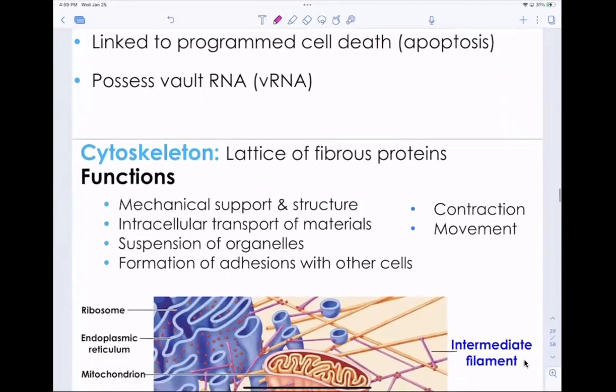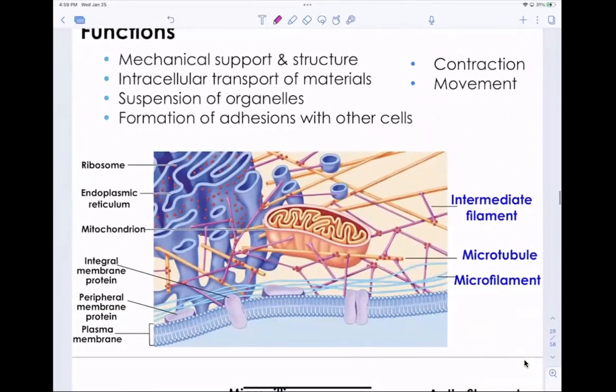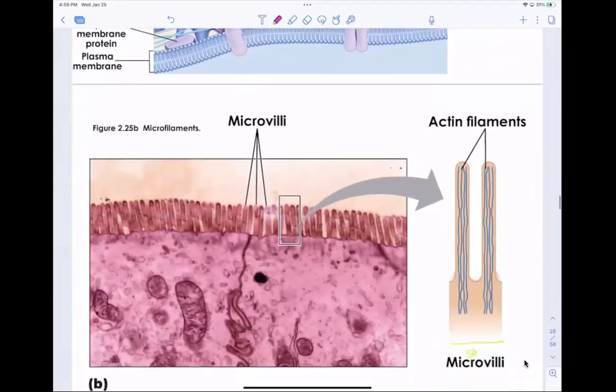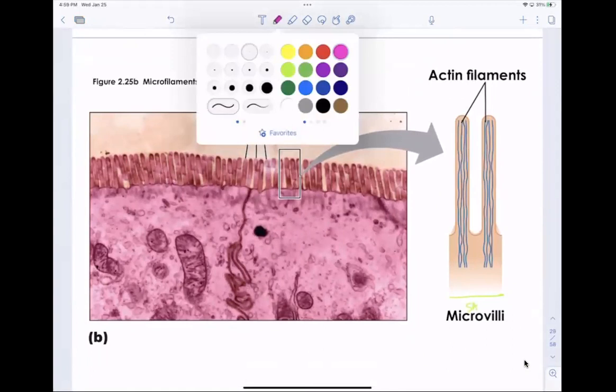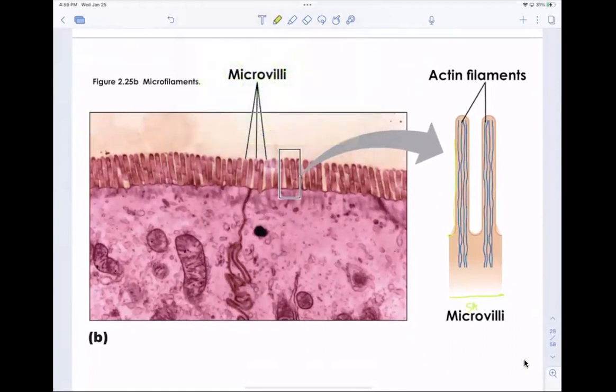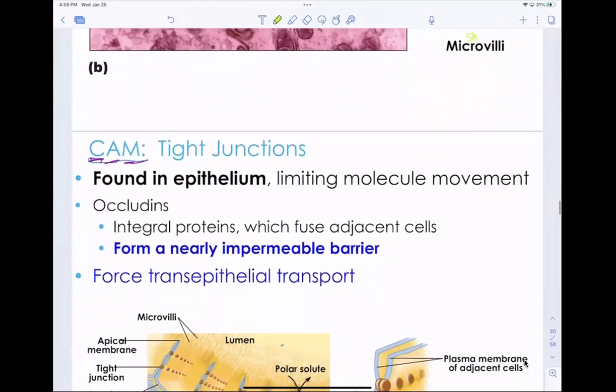Kind of go through these and the different cytoskeleton filaments, and you can pause and read through this. And microvilli, again, these are protein cytoskeleton structures that increase the surface area of the cell membrane. If it's a cell that requires a lot of absorption, it's going to increase the surface area for maximal absorption across the cell membrane.